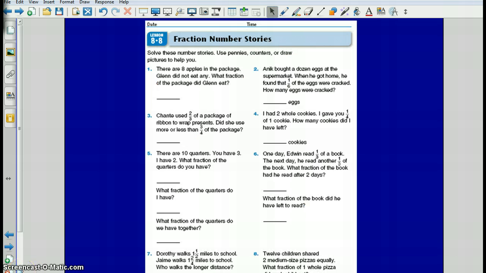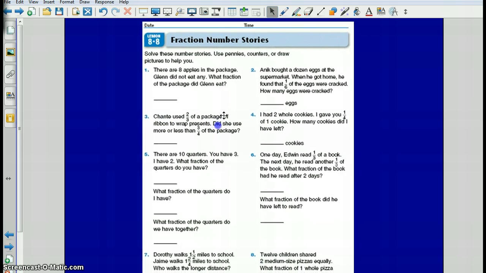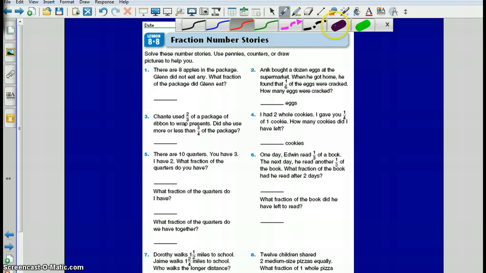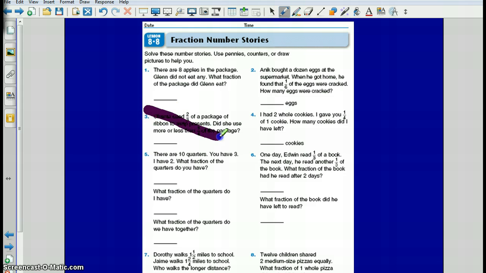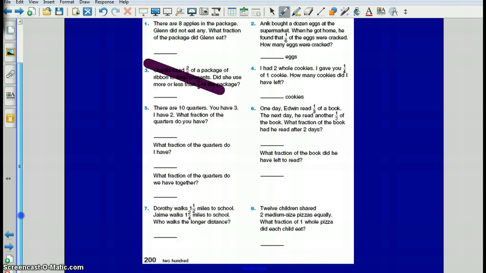Now you're going to work on this page together today, and I'm going to cross out a few problems that I don't want you to do today. I don't want you to do number 3, and I also don't want you to do this one or this one.